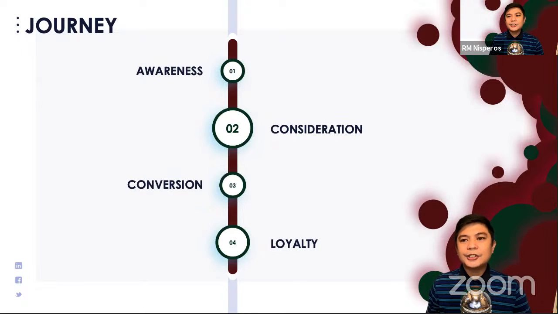So it matters that you have a marketing content and approach for each of the customer journey stages. And that is part of your big marketing strategy to know how aware your customers are, what information they seek, and what promotional tactics would nudge them to help them decide in buying your product or service.